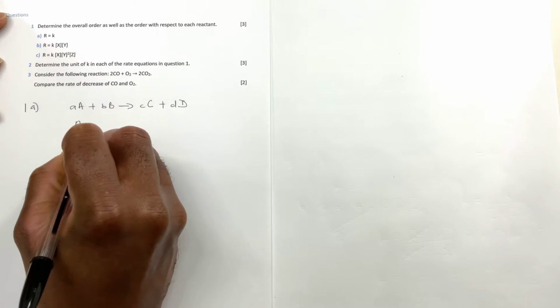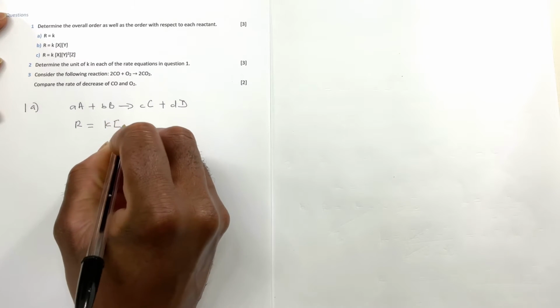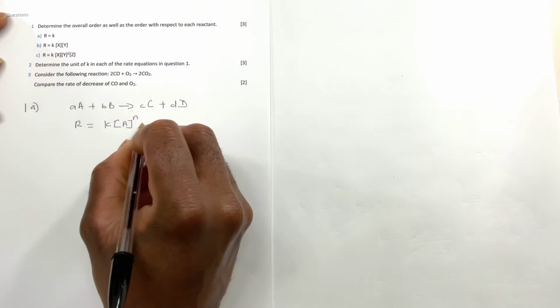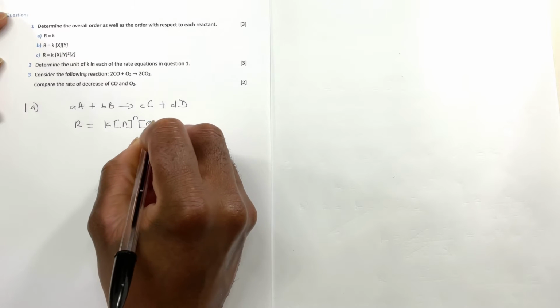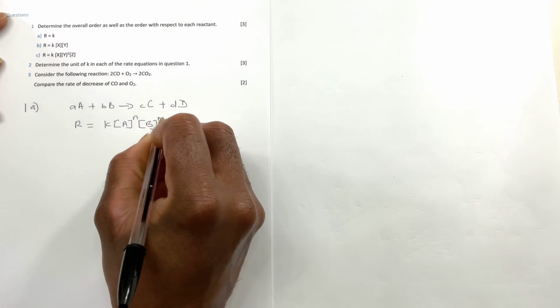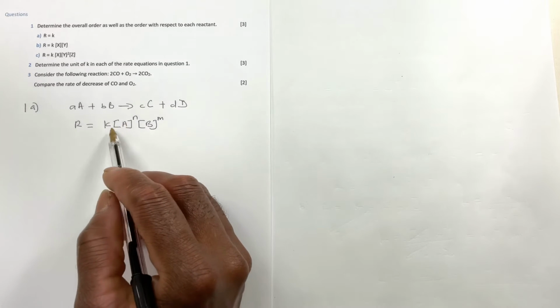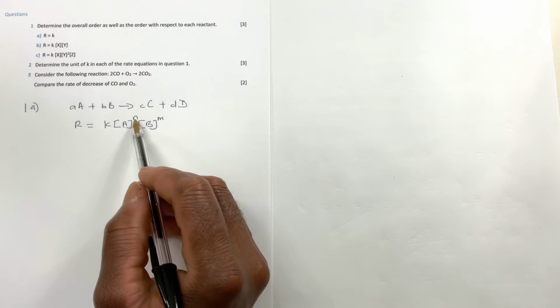The rate of reaction is going to be k times the concentration of A to the power of n, times the concentration of B to the power of m. Now, this reaction is with respect to A, it is n.